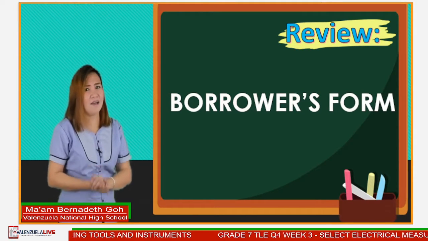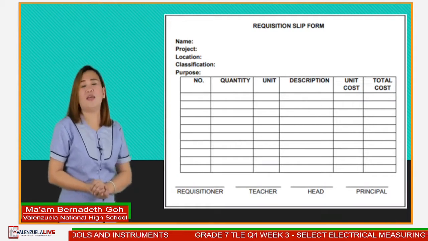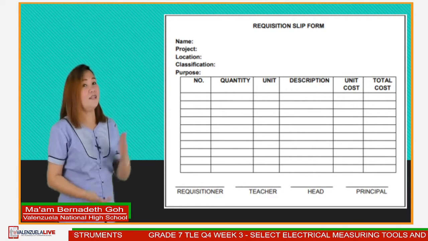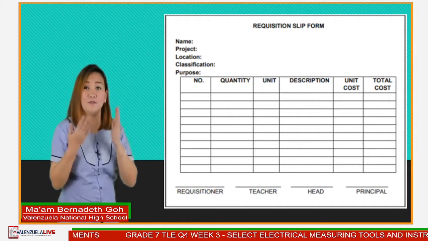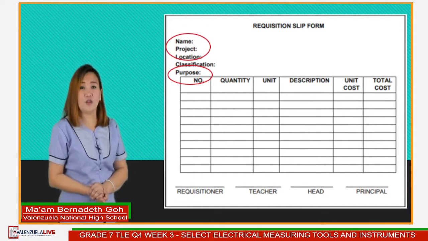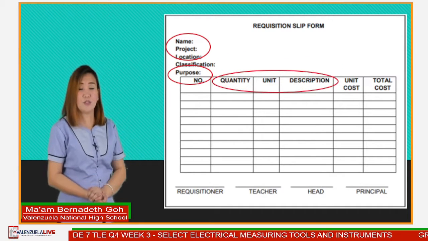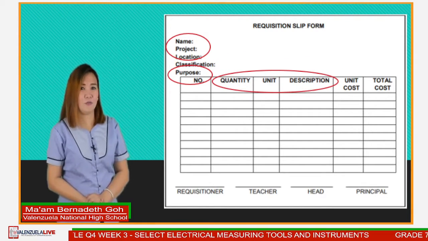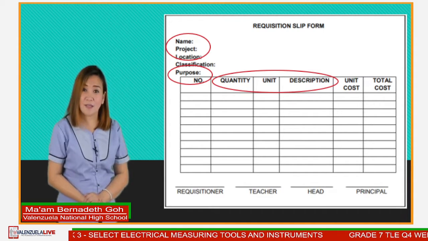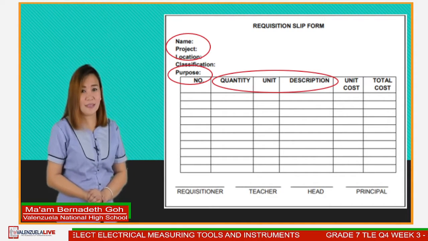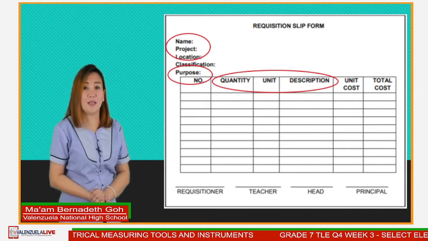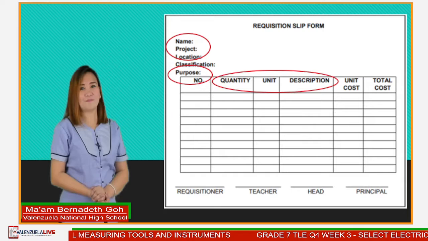Another, let's have this in mind when we fill out these forms. In requisition form, writing your name is very important, including your purpose of request for tools or electrical equipment. Another important details are the quantity and the description of the tool or equipment that you ask for.